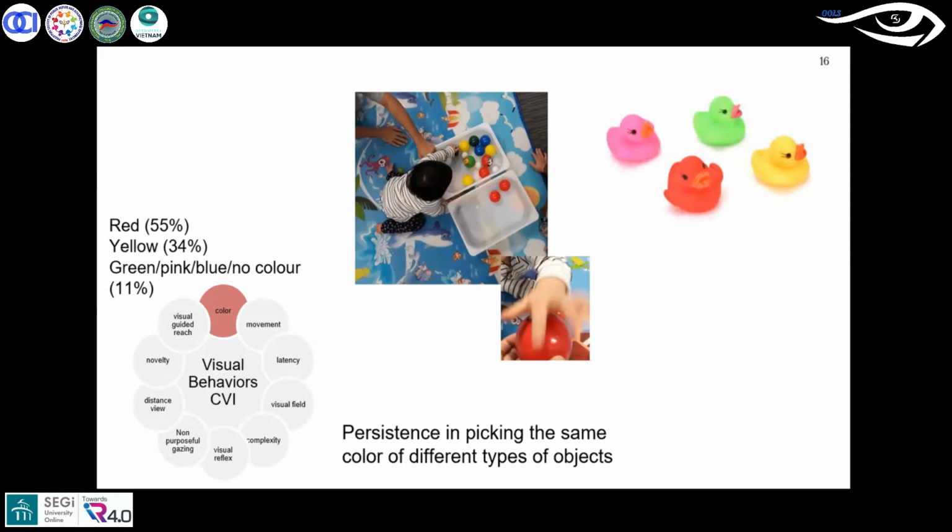We always impose on our children that a duck should be yellow. Am I correct? But for children with CVI, even though the mother may have some influence on saying the duck should be yellow, they will have this preference for the red duck instead. So this is very interesting to know.